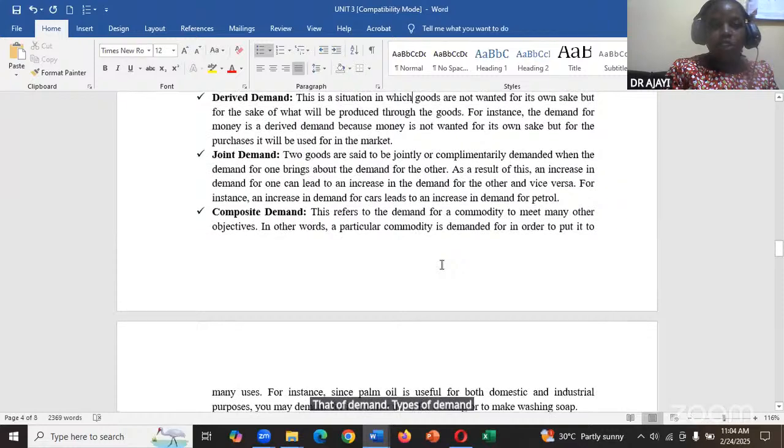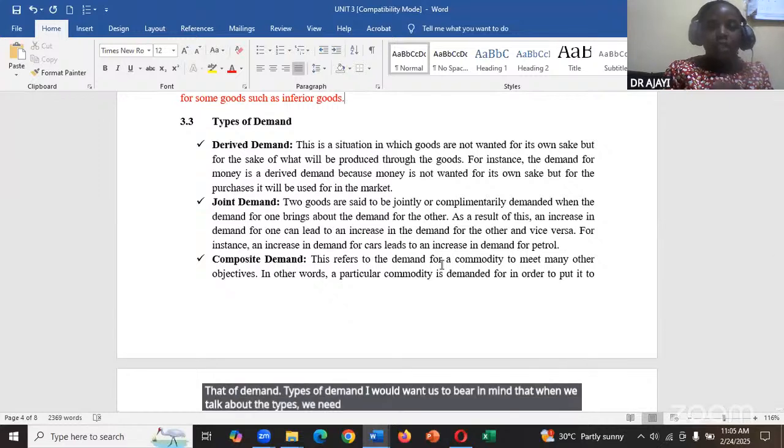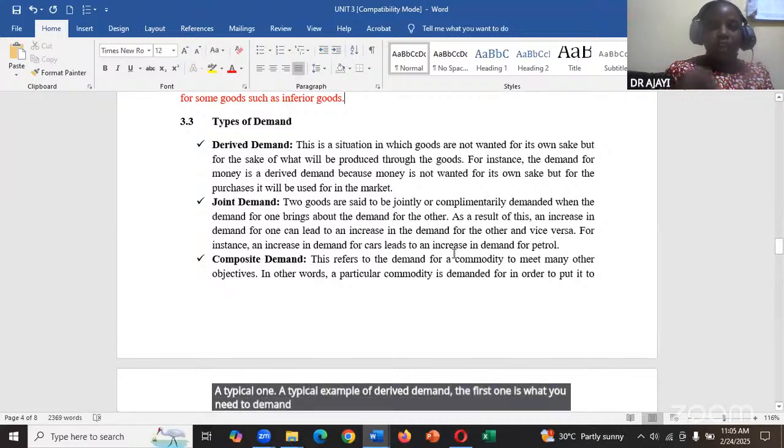I want us to bear in mind that when we talk about the types, we need to know a typical example, which is why I will quickly run through. Types of demand, we have 4 major types, and I'm sure some of us are familiar with some of these. A typical example of derived demand, the first one, is what you demand for in order for it to be used for another thing.